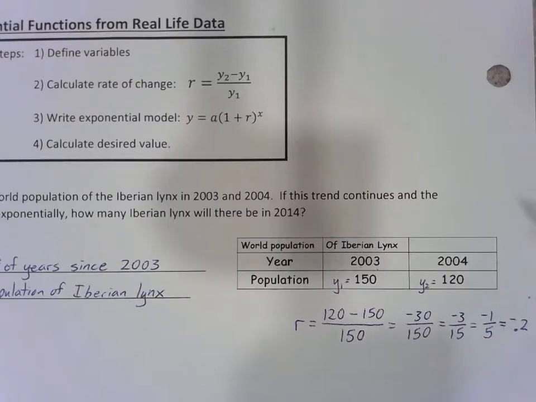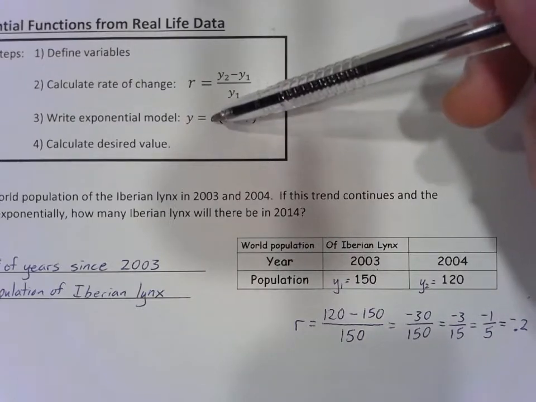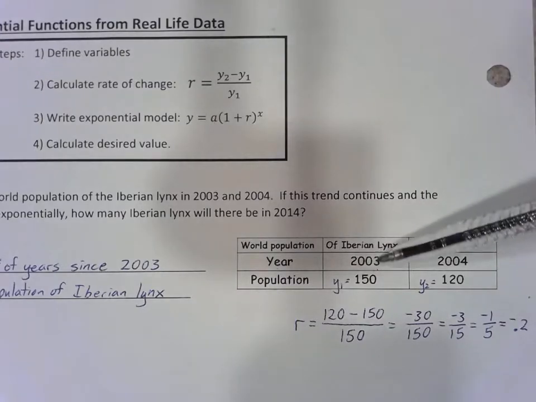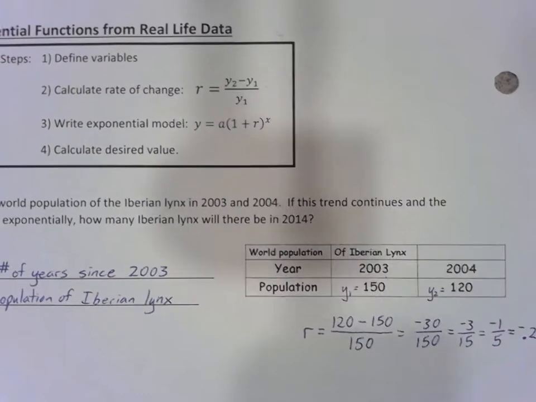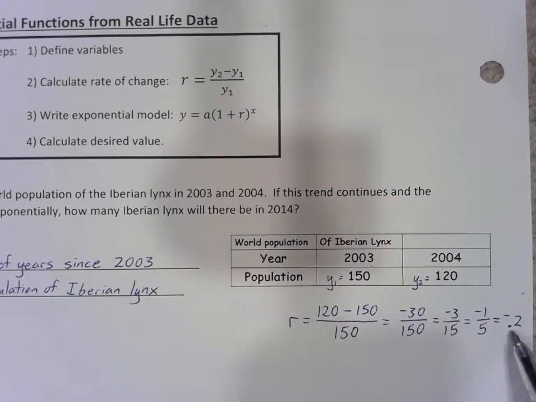Now the initial amount of lynx in 2003 was 150. So this is also the a value. So as we write the exponential equation, we want to keep in mind the r value is negative 0.2 and a is 150.